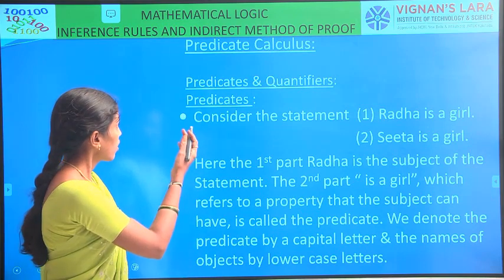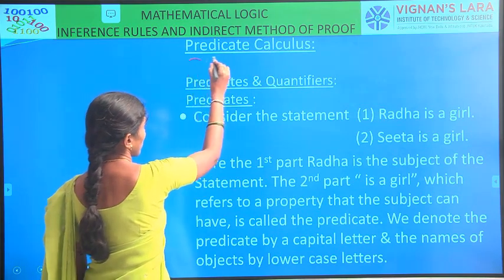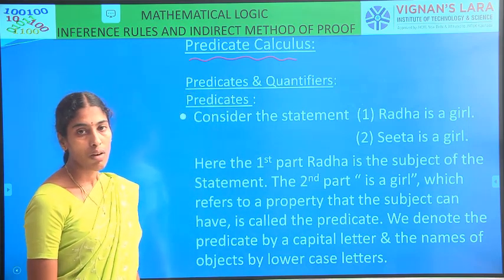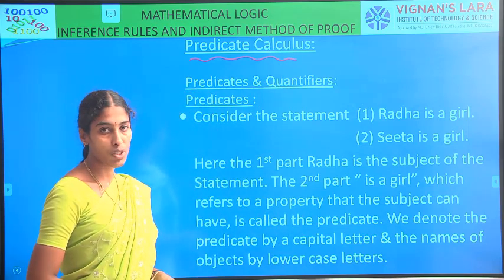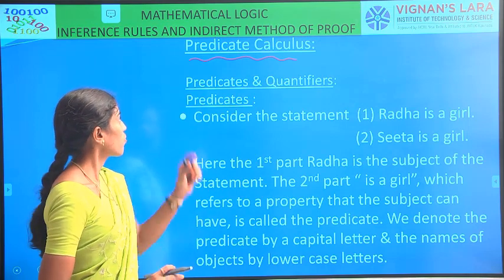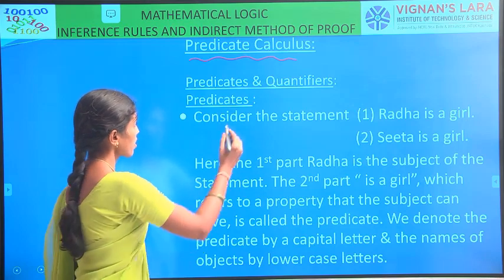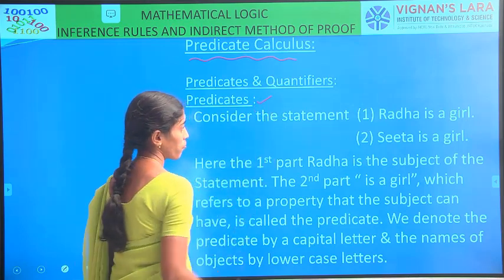In this predicate calculus, this is the second topic of our first unit, unit 1. What is the first topic? Propositional calculus. Now, the second topic is predicate calculus. Here first we see what is meant by predicate.